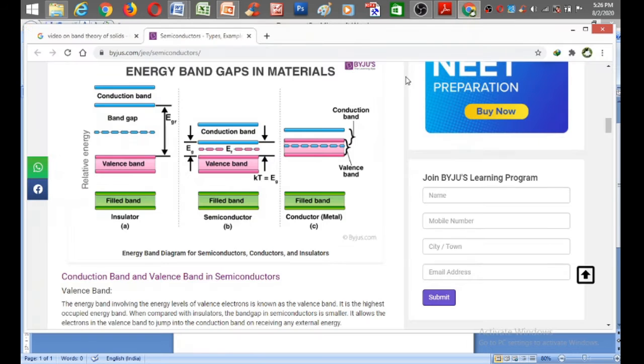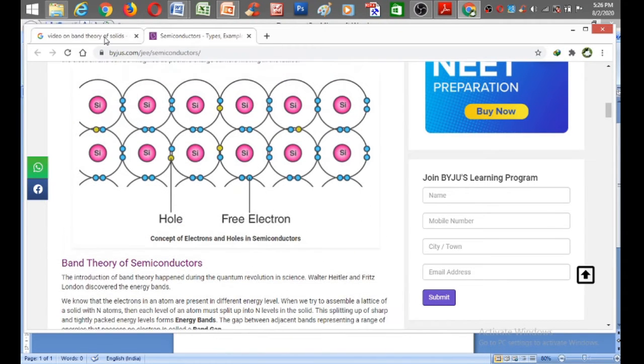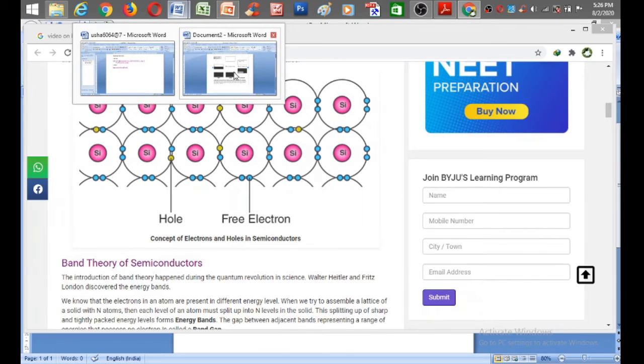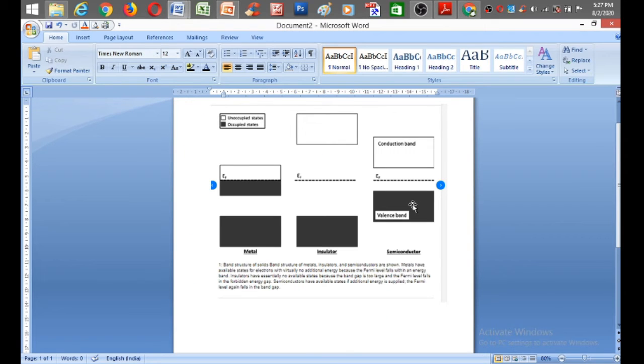When electrons are excited from the valence band to the conduction band, we will have empty states in the valence band and some filled states in the conduction band.